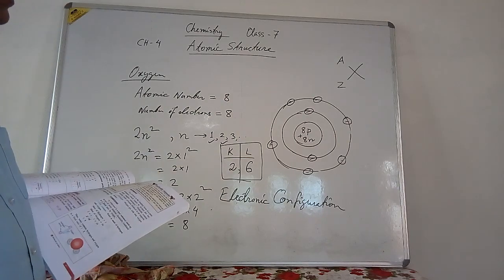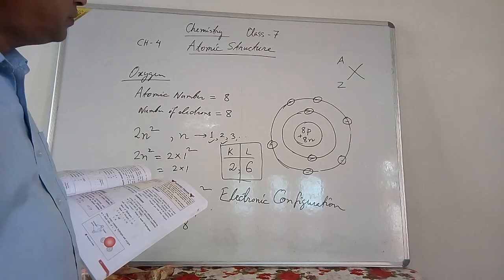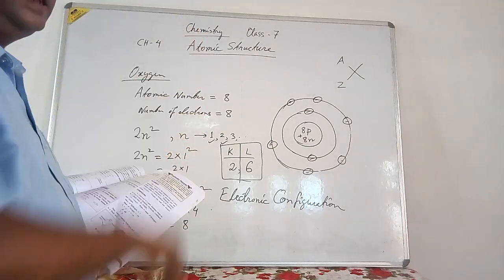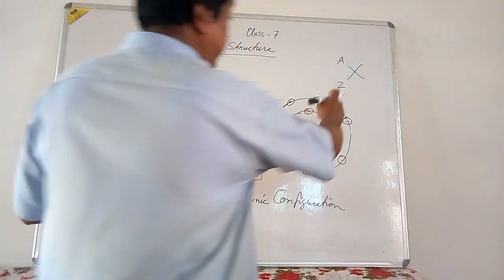So this way you can express it. The number of protons and neutrons together is the mass number, and this is the atomic number.